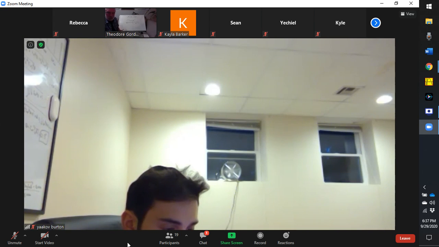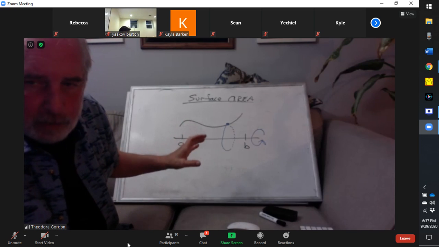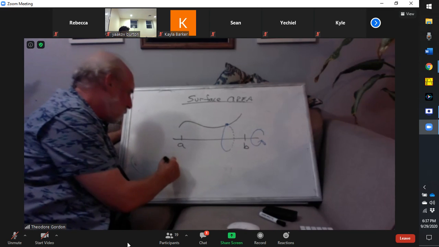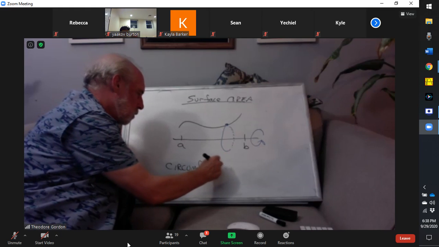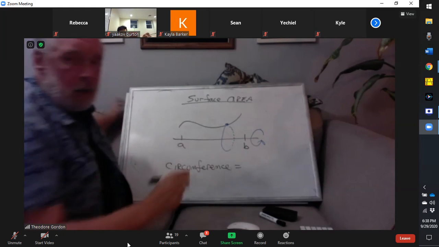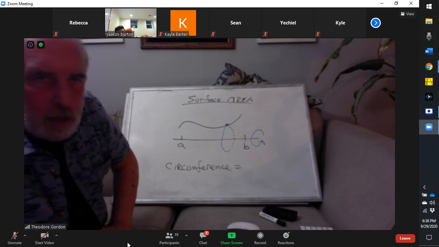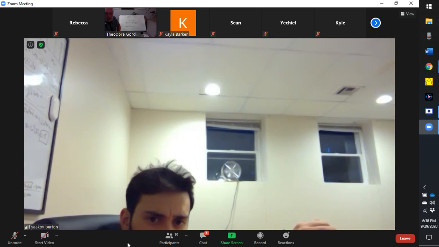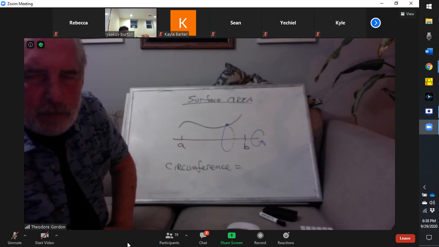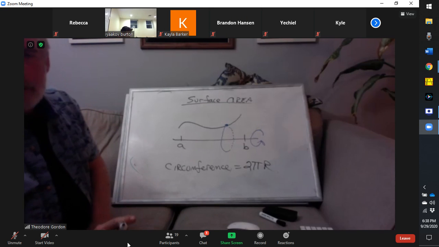So if we measure that around, the thing that we'll use to measure a circle is the circumference. What's the formula for the circumference of a circle? 2 pi r? Yep, 2 pi r. That's the circumference here.